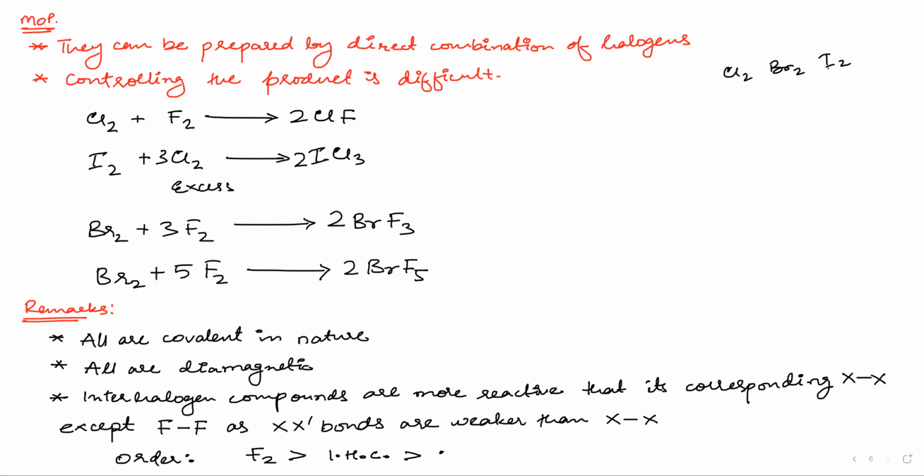Still it will react easily. Now you tell me, I2 is solid, Br2 is liquid, Cl2 is gas, which will be more reactive? Yes, gas will be more reactive. So Cl2, then Br2, then I2. Excellent. Complete the slide.